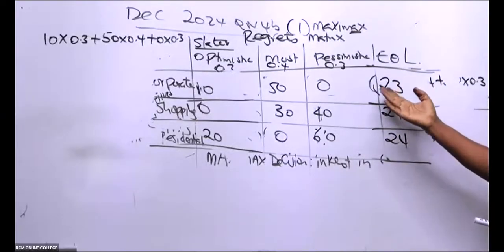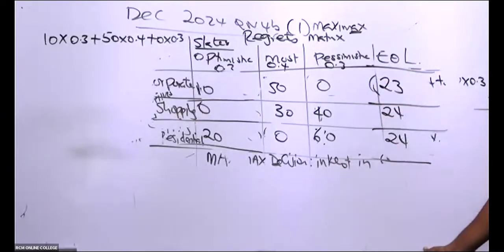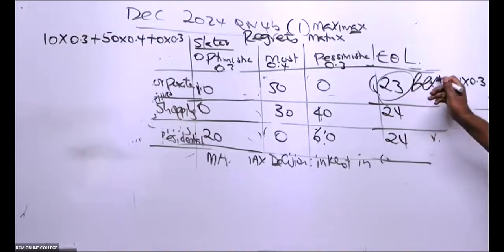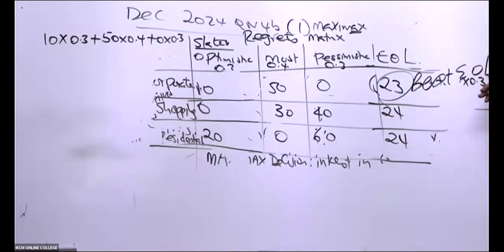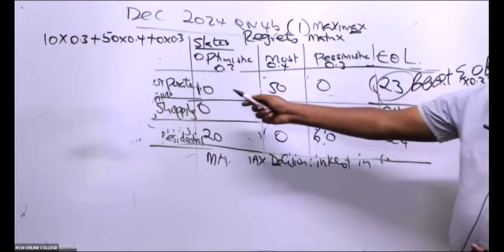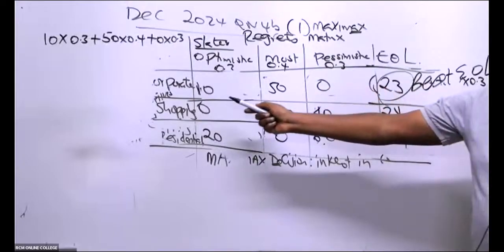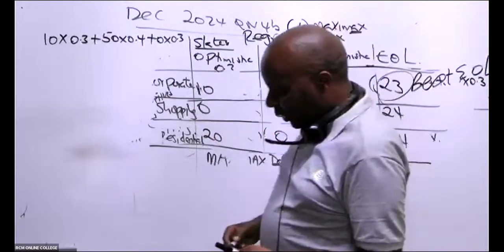The very best loss is which one here? 23, the lowest. So this is the best expected opportunity loss. So you're advising them to put up what here? Corporate.